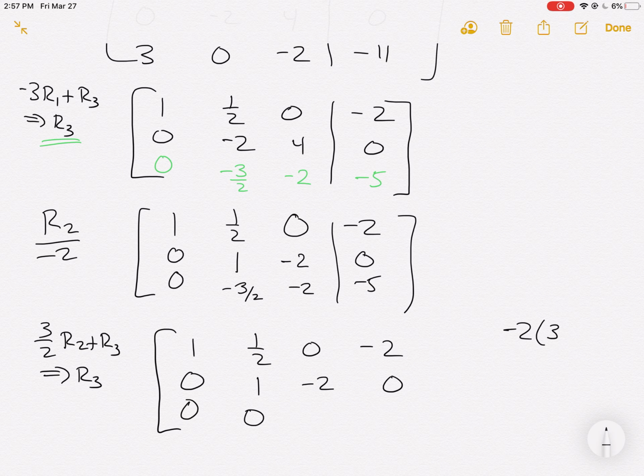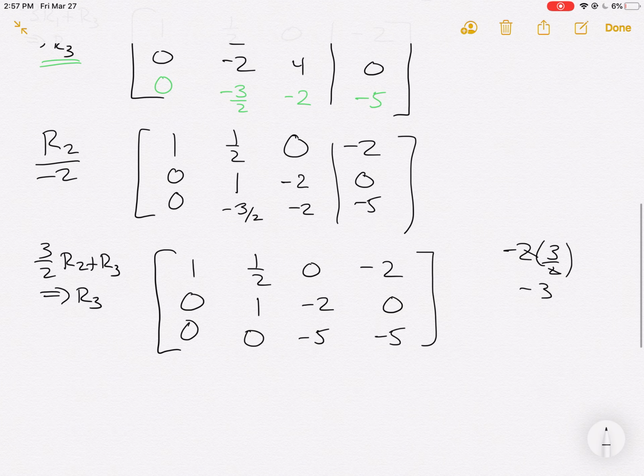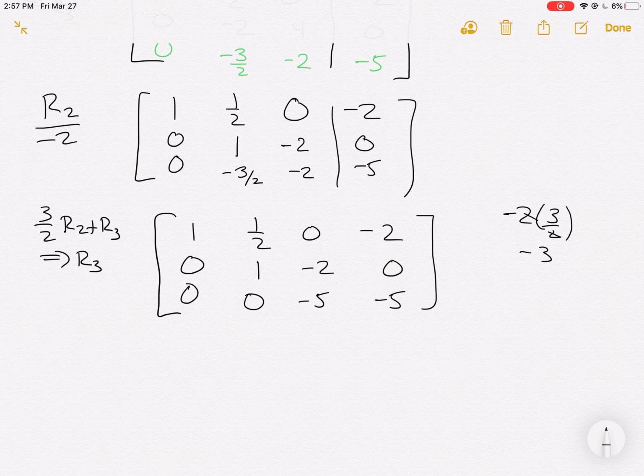Negative 2 times positive 3 halves is negative 3, minus 2 is negative 5. And 3 halves times 0 is 0, plus negative 5 is still negative 5. Technically there's one last step to get it into reduced row form, and that is to take row 3 and divide it by negative 5.